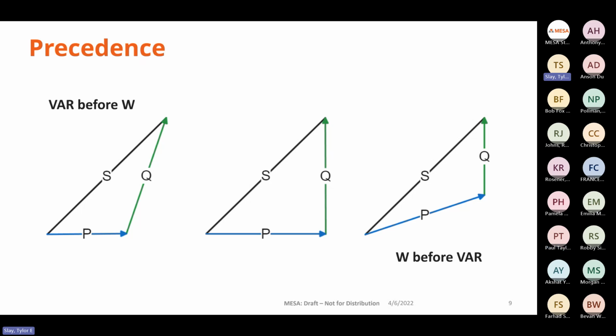On the left, we have VAR before watts. This is saying you want your reactive power to have higher priority than your active power, indicated by a larger green Q arrow compared to the smaller P in blue. And then on the right, we have watts before VARs, where you want active power to have higher priority than reactive power.